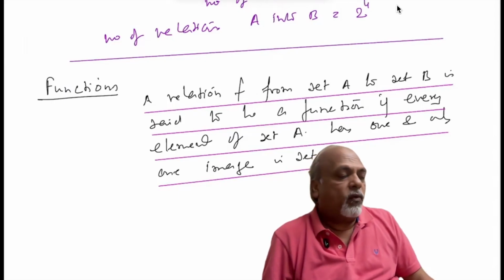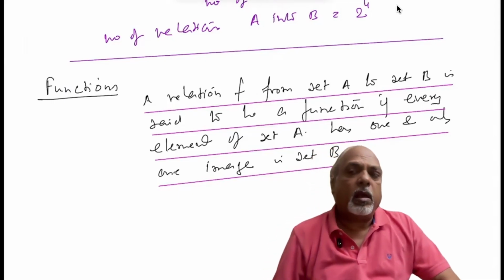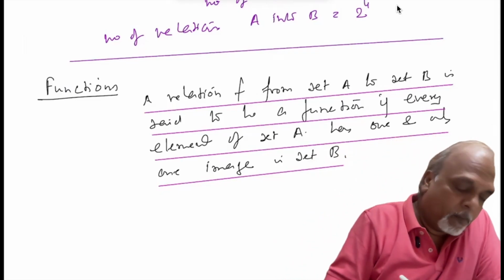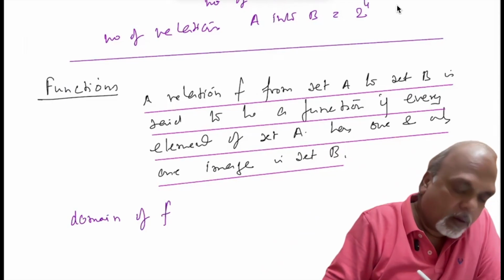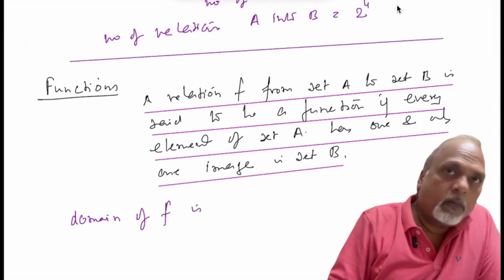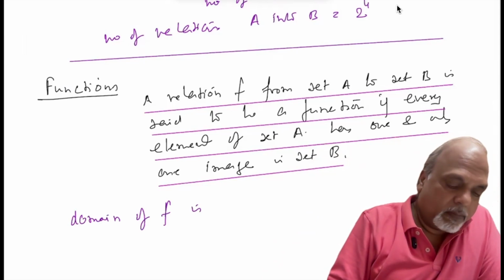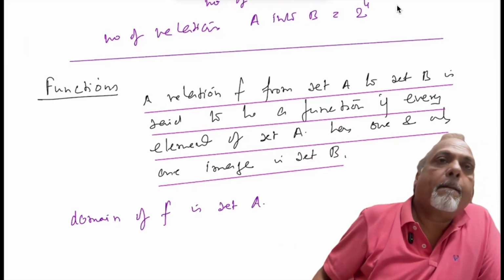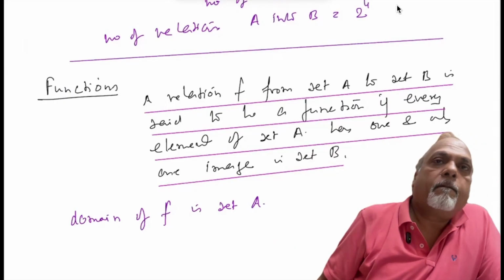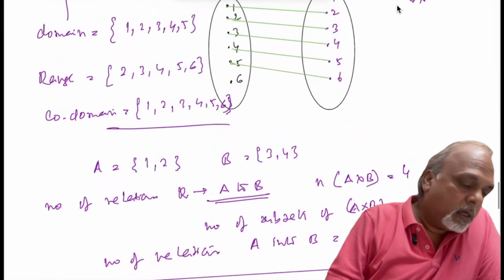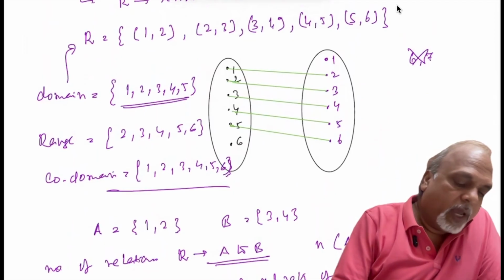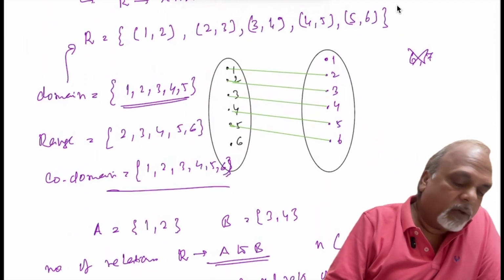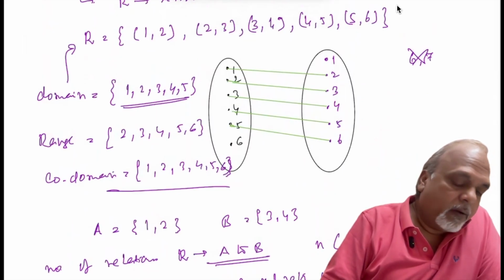Correct? So, first of all, if you see, domain of f is set A. Here, domain is from the set A, we have six remaining, which has got no image in the codomain.